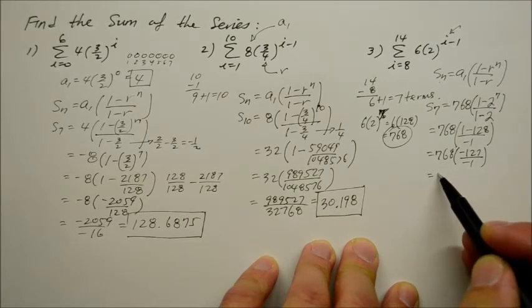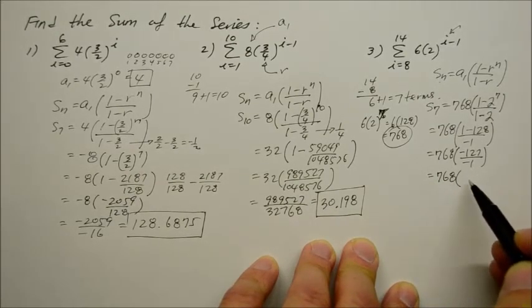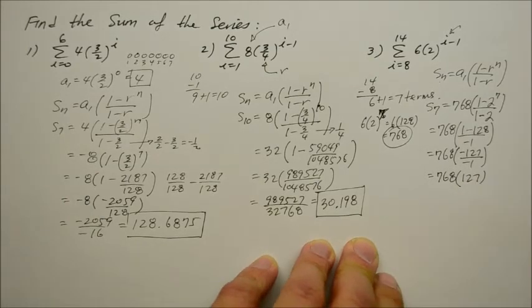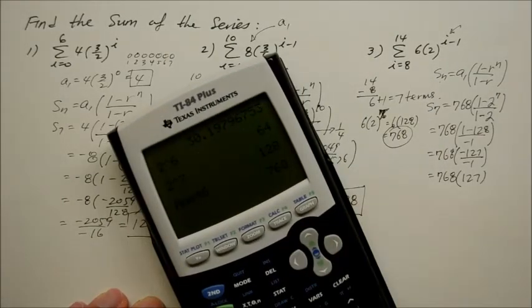Which is simply saying 768 times positive 127. And all we have to do is multiply those two numbers. So we got 768 times 127.